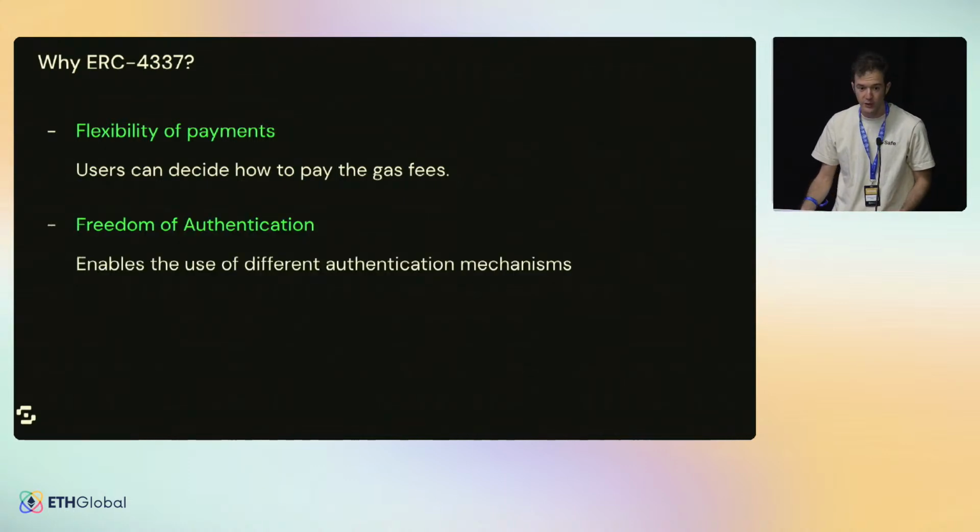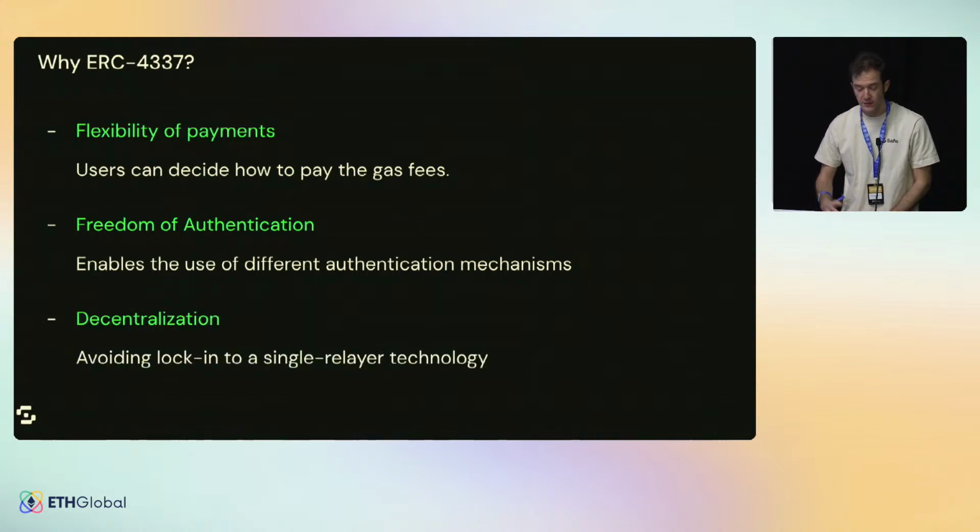There's also freedom of authentication, because it enables different ways of authentication, like multi-signature or passkeys, or maybe quantum-proof mechanisms. And also it provides decentralization, avoiding the lock-in of a single relayer technology by supporting different accounts and different providers.